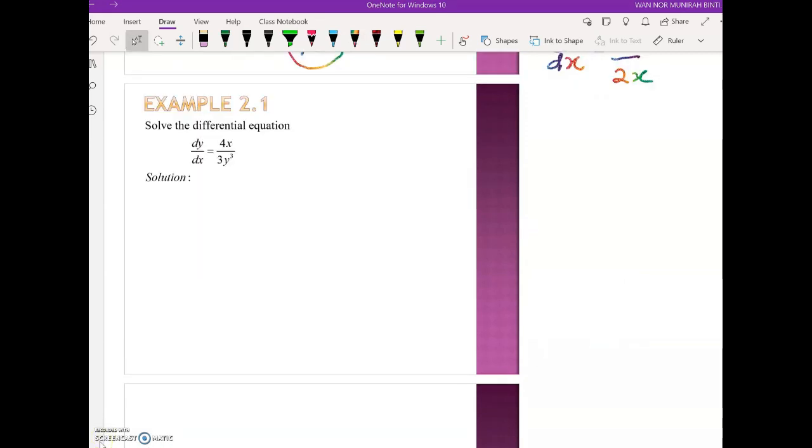Now let's try to solve one example here. We want to solve the differential equation dy/dx equals 4x over 3y cubed.